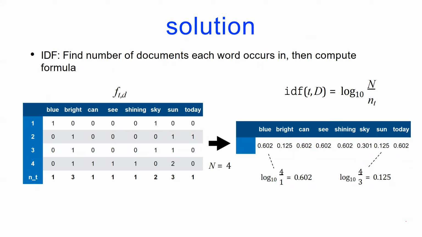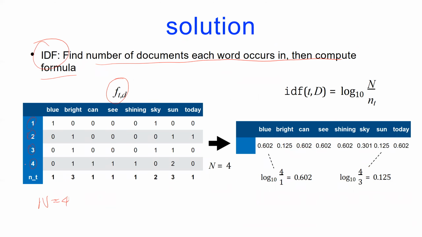Then we will compute the inverse document frequency. Sorry, we try to find the number of documents each word occurs in, then compute the formula. First we do a raw count. We have a total of N equal to 4 documents here: 1, 2, 3, 4.